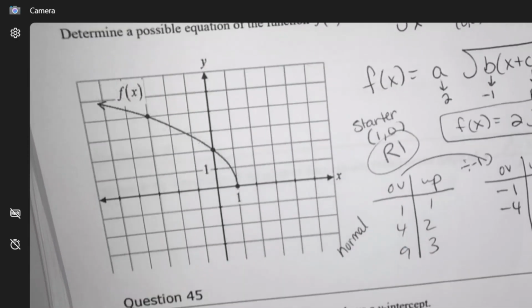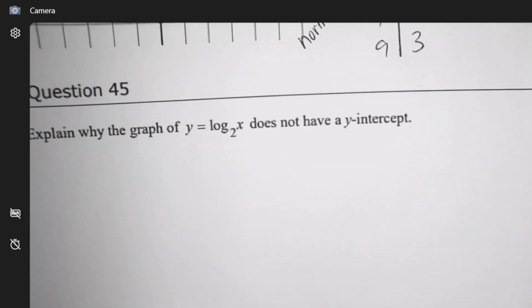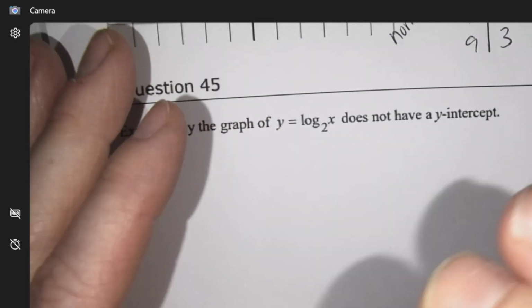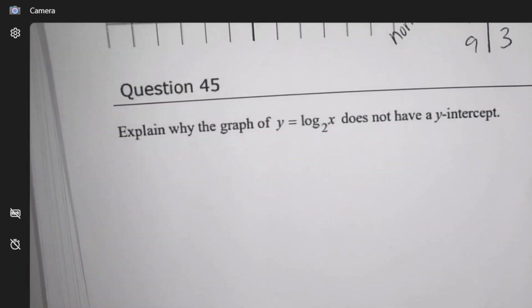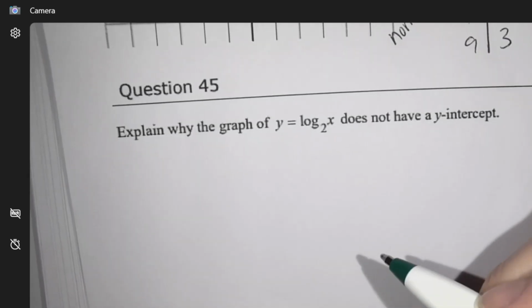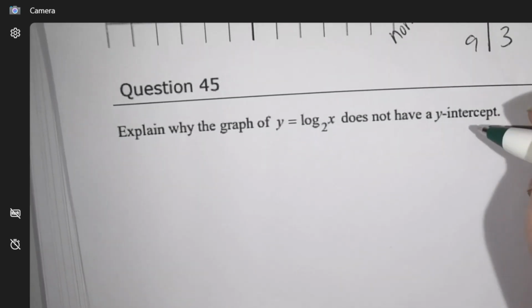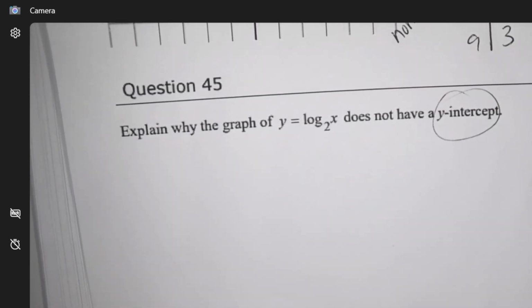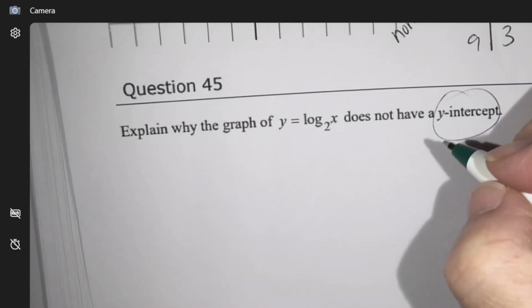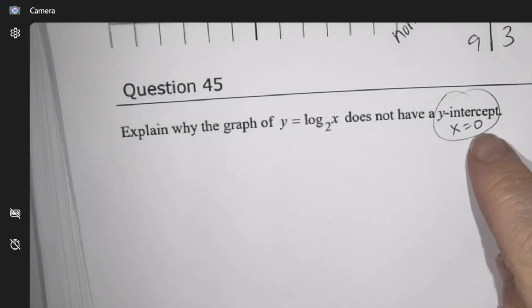Okay, another log question, and it has something to do with the exact same thing we've had 4 times on this exam. What do you know about y-intercepts? What is a y-intercept on a graph? It is where x equals 0.